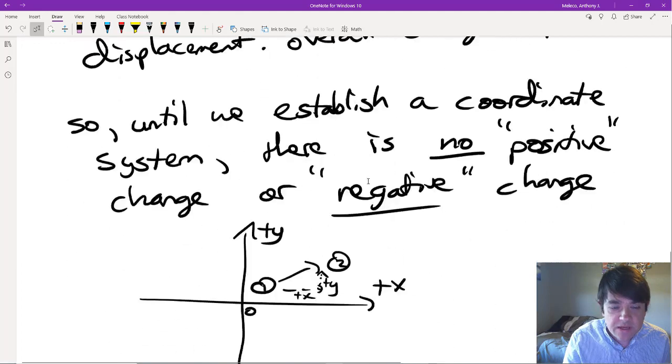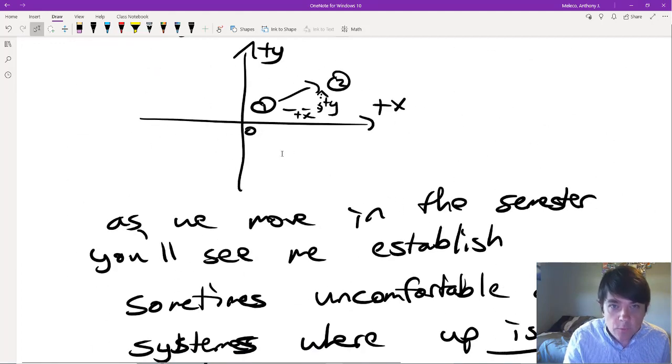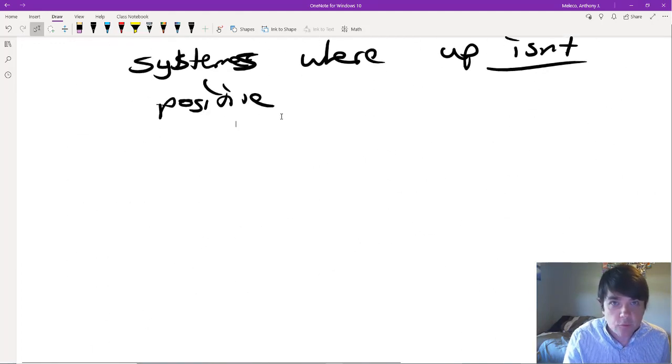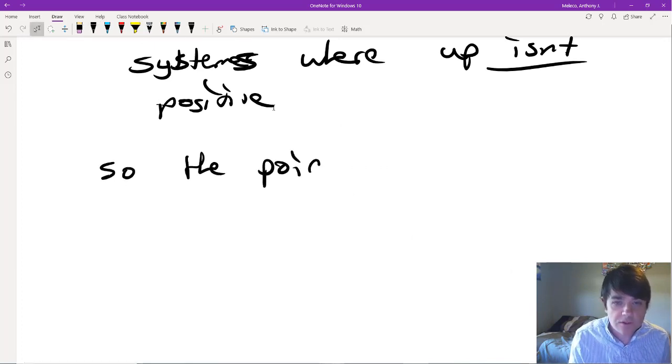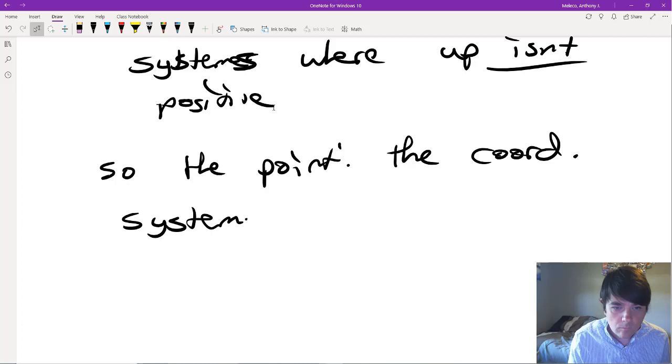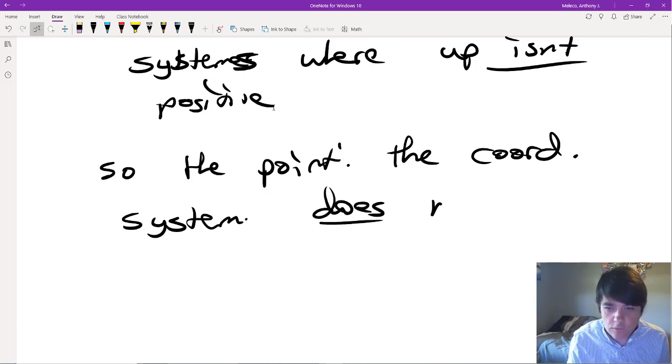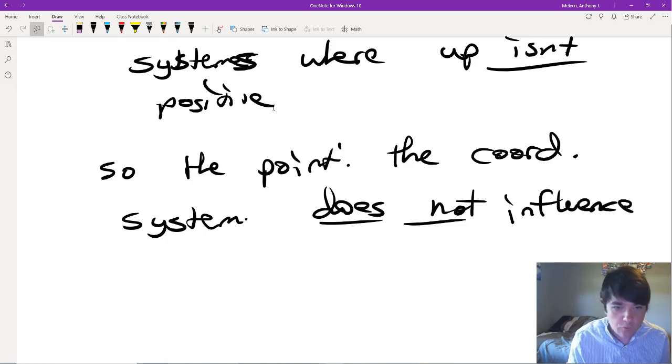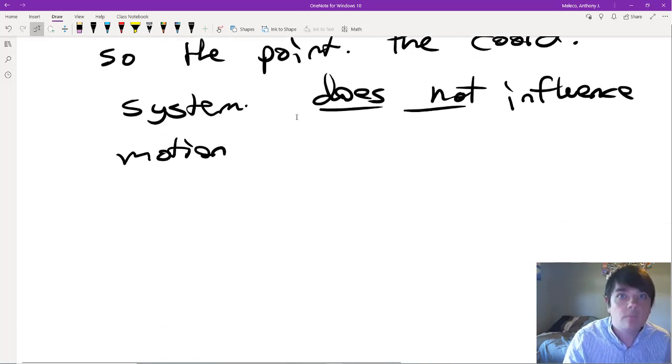But make no mistake, the point of what I'm saying here is that a coordinate system does not influence motion. If I throw a ball through the air, how I talk about it doesn't change it, right? The ball's going through the air and it's doing what it's doing.